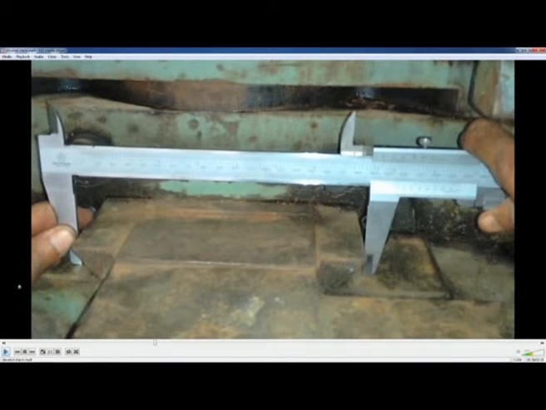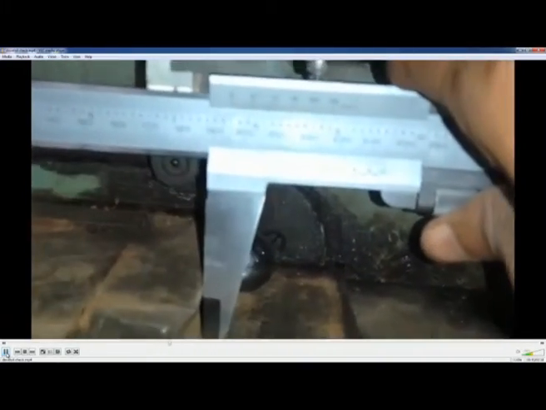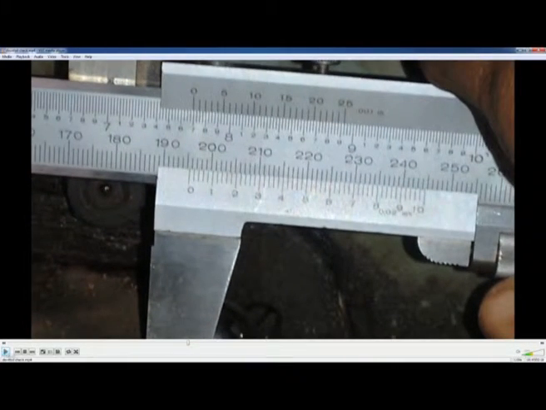Now, we are taking the measurement over the top surface, that is B. Yeah, you can see the reading. So, it is 195 plus we have to see the coinciding division, that is the 25th division is coinciding with the main scale marking.